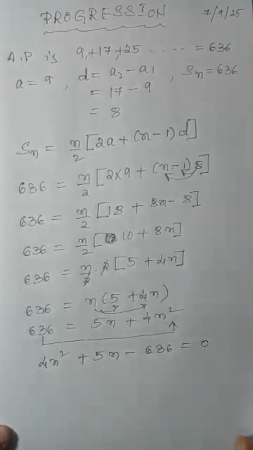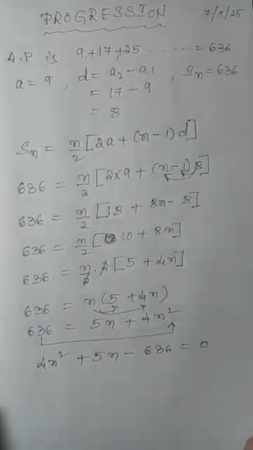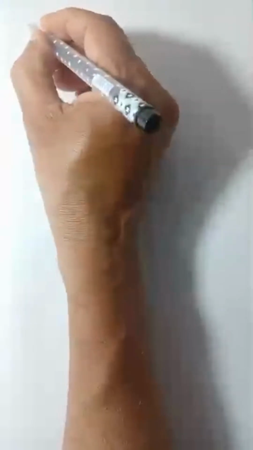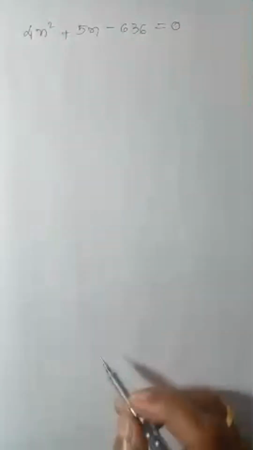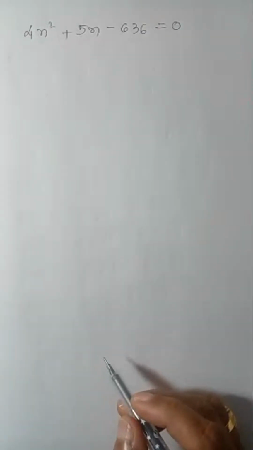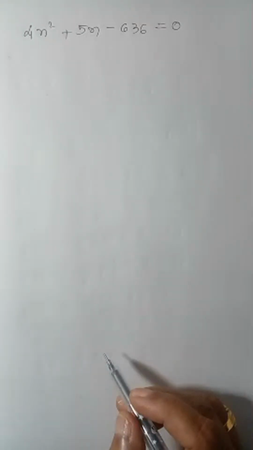Here I am going to factorize to find n. That is 4n square plus 5n minus 636 is equal to 0. Now I need to find the value of n.